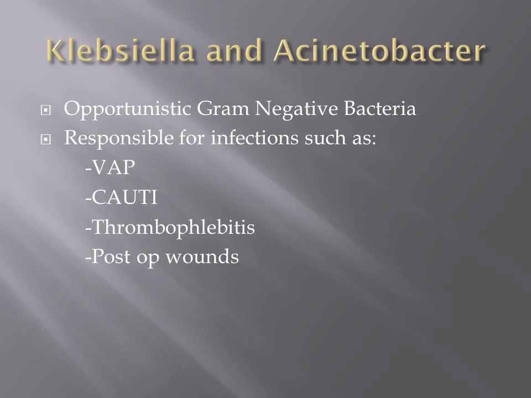And when you already have a weak respiratory system from the initial event that caused you to be placed on the ventilator, the last thing you want is an opportunistic pneumonia.